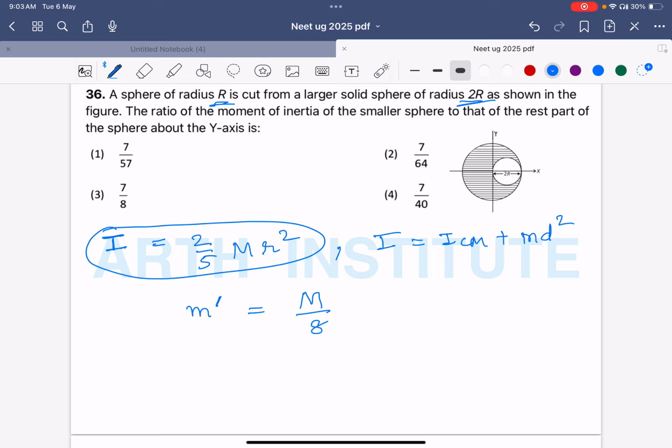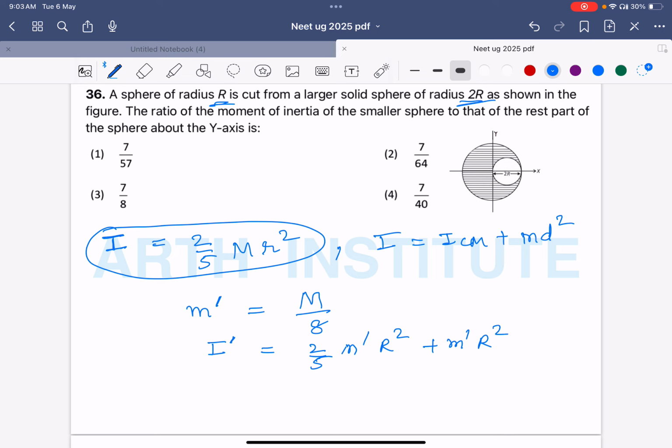Okay. So what is the moment of inertia of the smaller sphere about the y-axis? Let me put it as I dash. This is equal to 2 by 5 m dash r square plus m dash r square.